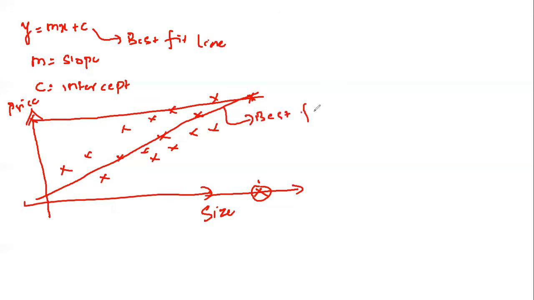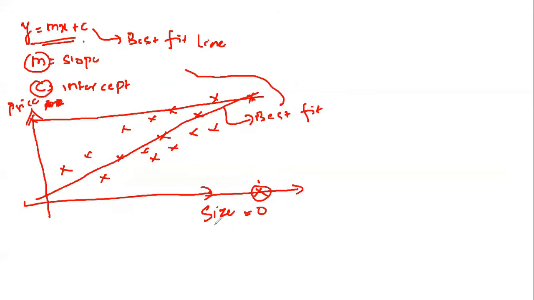So this is my best fit line. And as discussed, this best fit line is indicated by the equation y is equal to mx plus c. Now, what do these components, my m value and my c value, mean? Guys, always remember, whenever your size is 0, right?